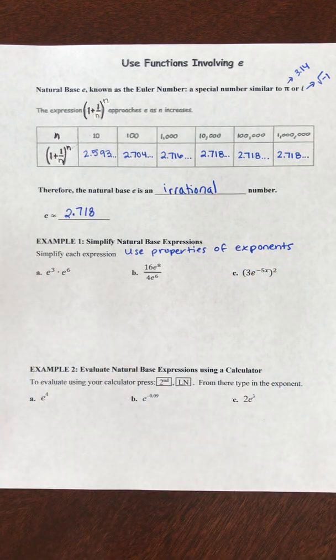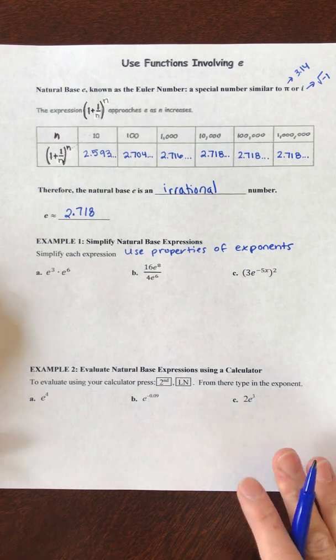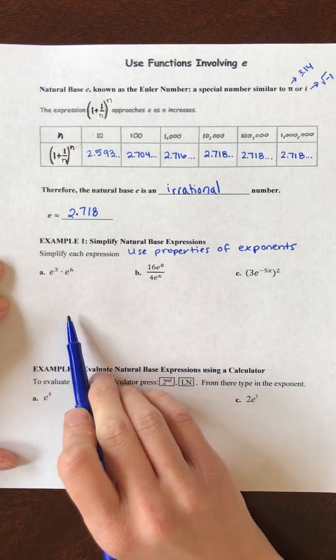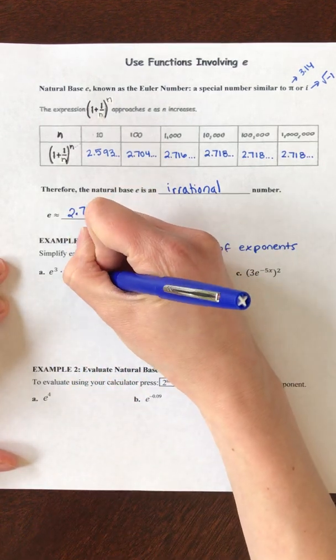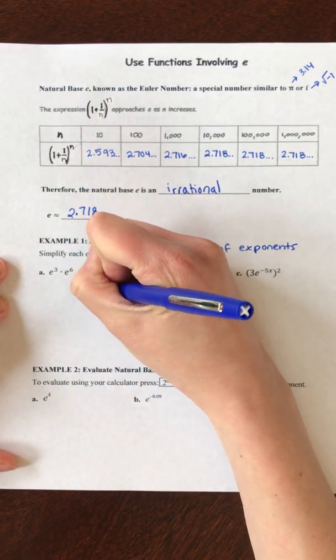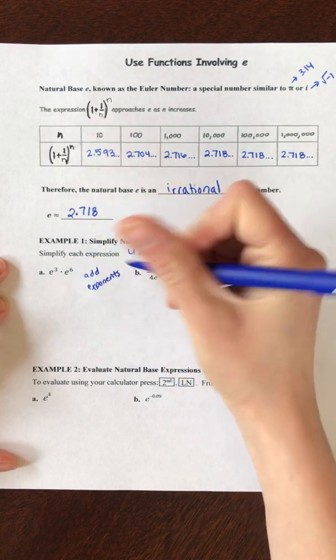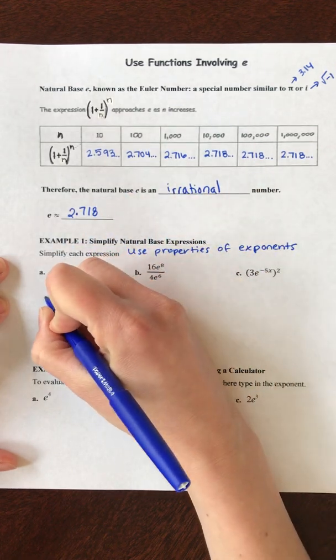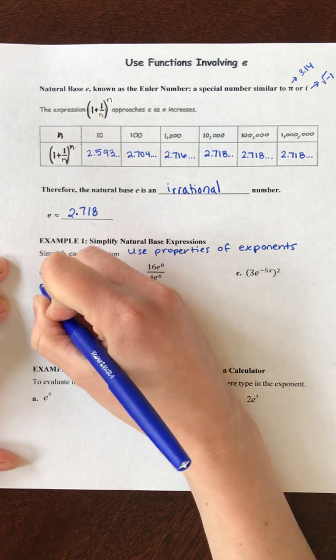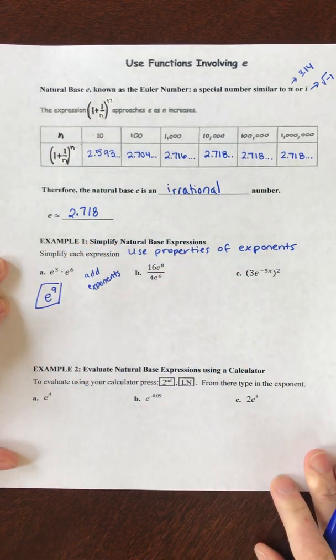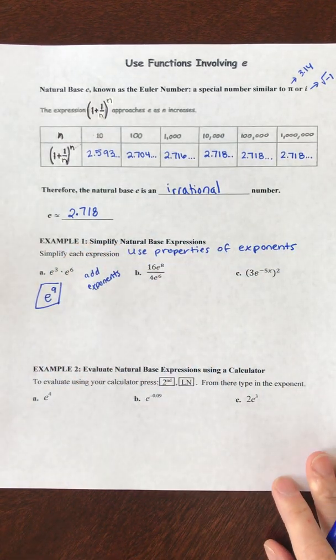So if I said what's e to the third times e to the sixth, well, I want your answer in terms of e. If you remember that when you multiply the same base, we're going to add the exponents. So e to the third times e to the sixth is e to the ninth, because 3 plus 6 is 9, and that's how you would leave your answer.